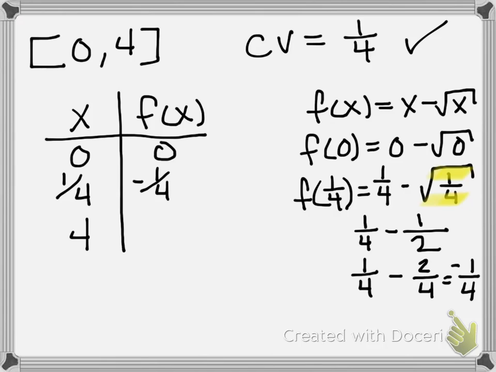And then our last one, our endpoint, f of 4, is going to be equal to 4 minus the square root of 4, which is going to be 4 minus 2, which is going to equal 2.